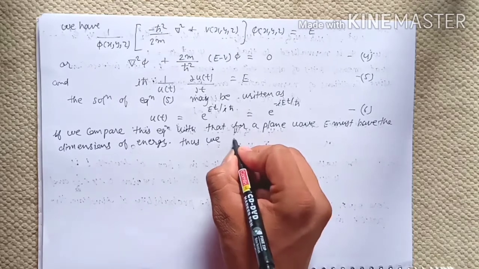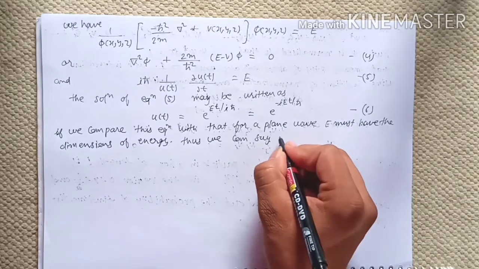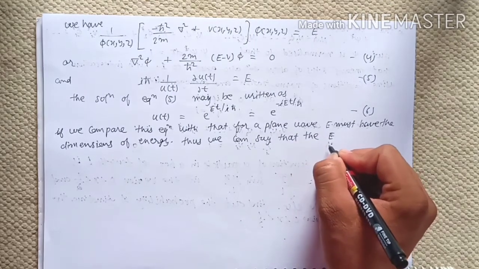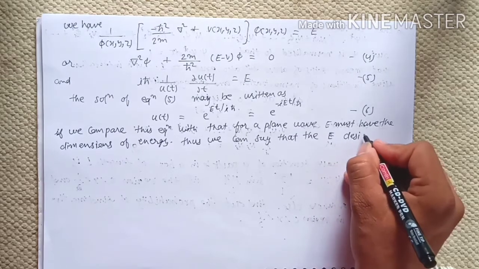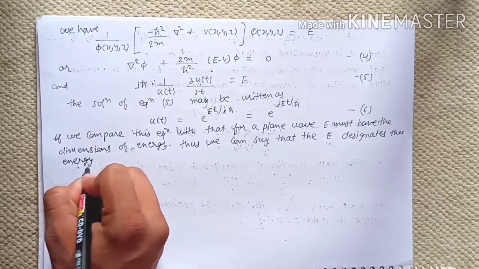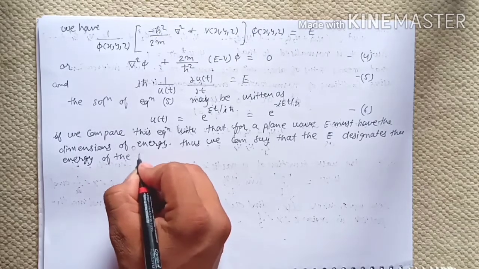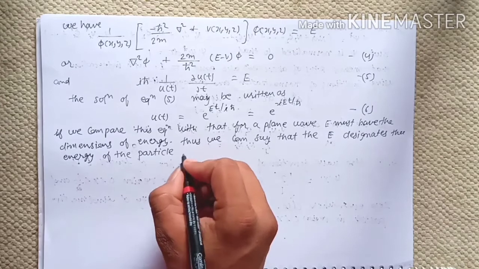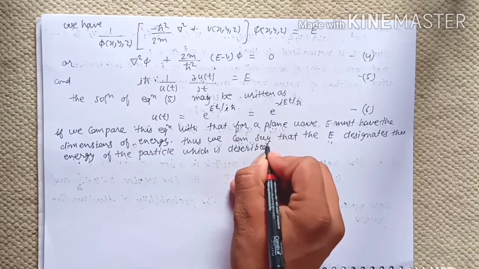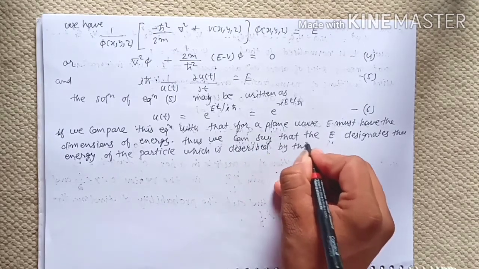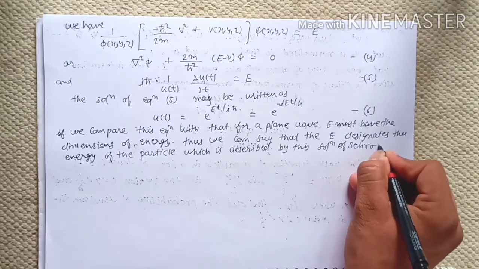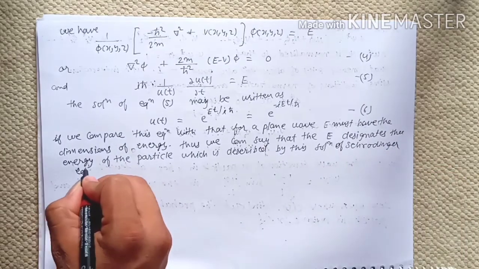Thus we can say that the E designates the energy of the particle which is described by this solution of Schrodinger equation.